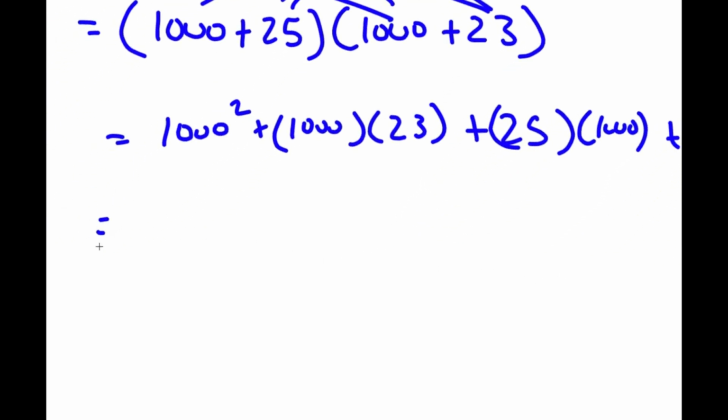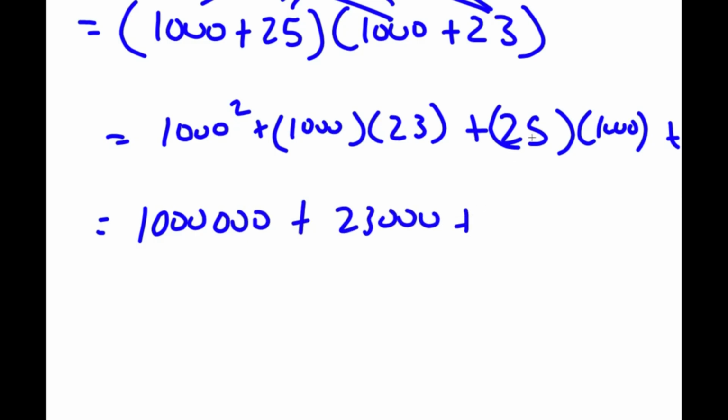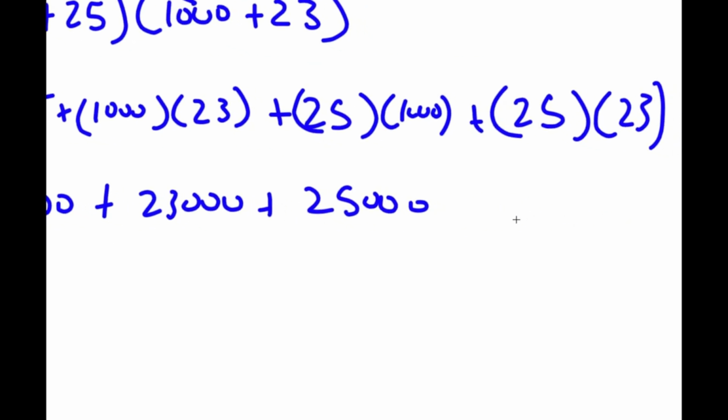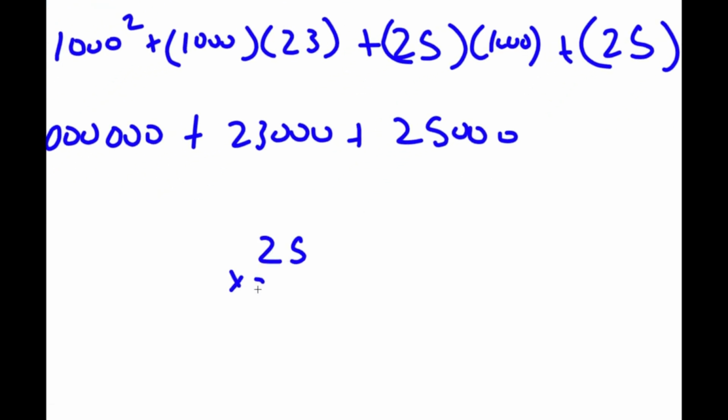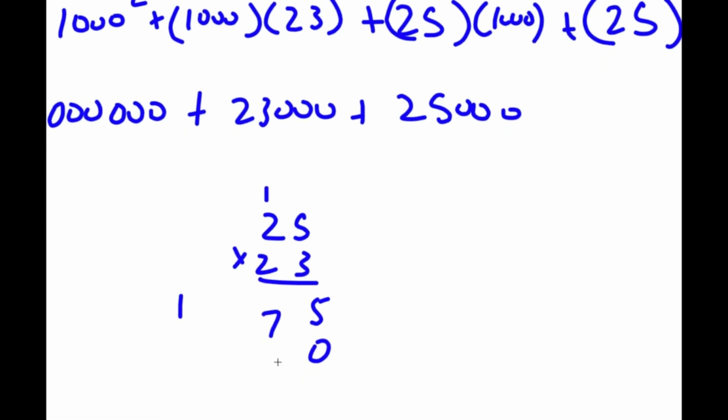Now let's go ahead and simplify this. 1,000 squared, that's the same thing as 1,000,000, plus 1,000 times 23, that's 23,000, plus 1,000 times 25, that's 25,000, plus 25 times 23, you can do that right here, 25 times 23, 5 times 3 is 15, 3 times 2 is 6, 6 plus 1 is 7, 2 times 5 is 10, carry the 1, 2 times 2 is 4, 4 plus 1 is 5.